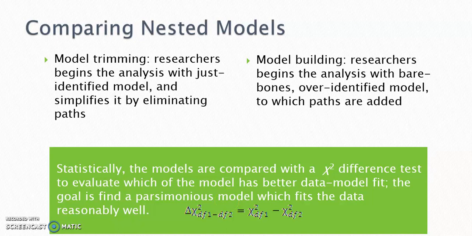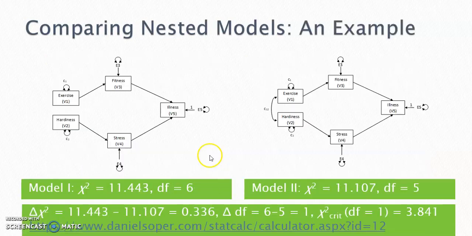When you compare two nested models, you look at the difference between the model chi-square values. If the chi-square change is statistically significant based on the change in the degrees of freedom, you would say one model is significantly better than the other. Based on the example I have, I ran the analysis of the two different models.